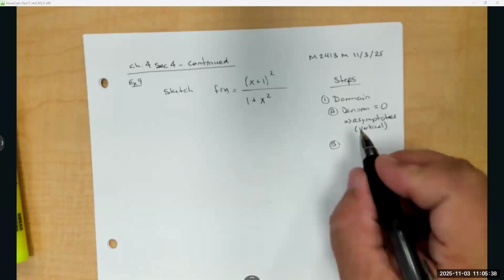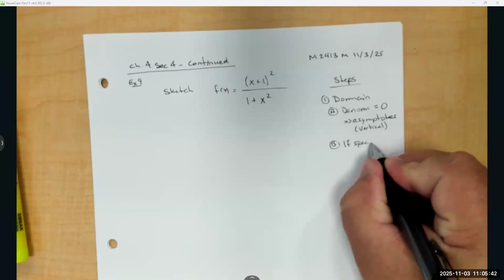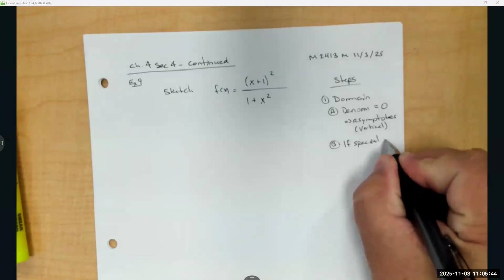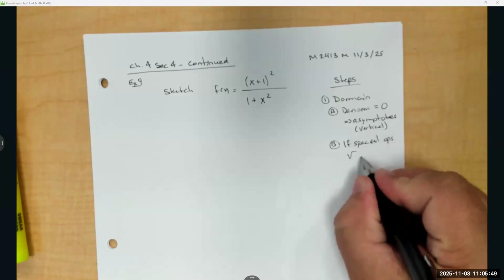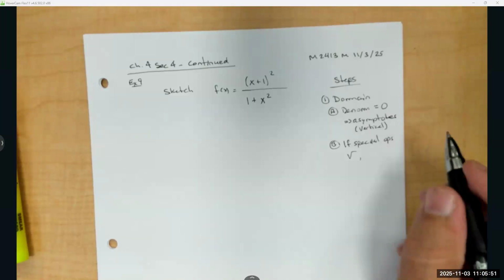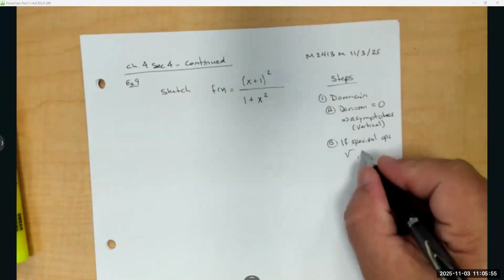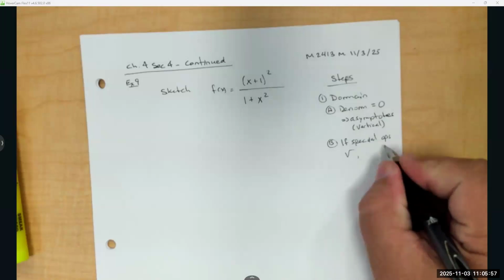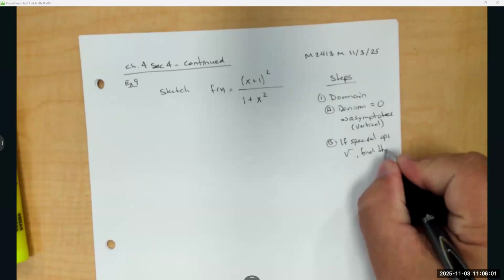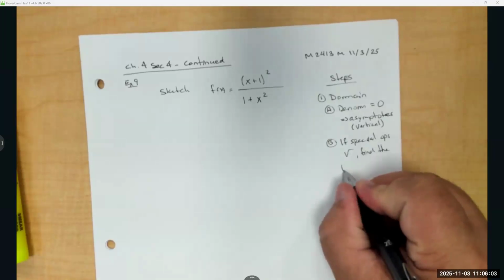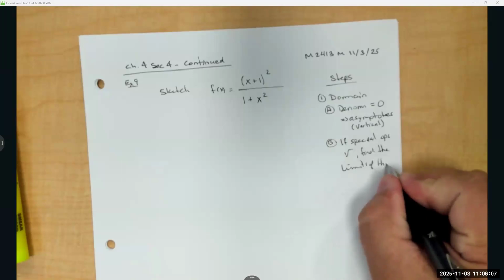Then for the numerator, if we have special operations like radicals or absolute values, find the limits of those.